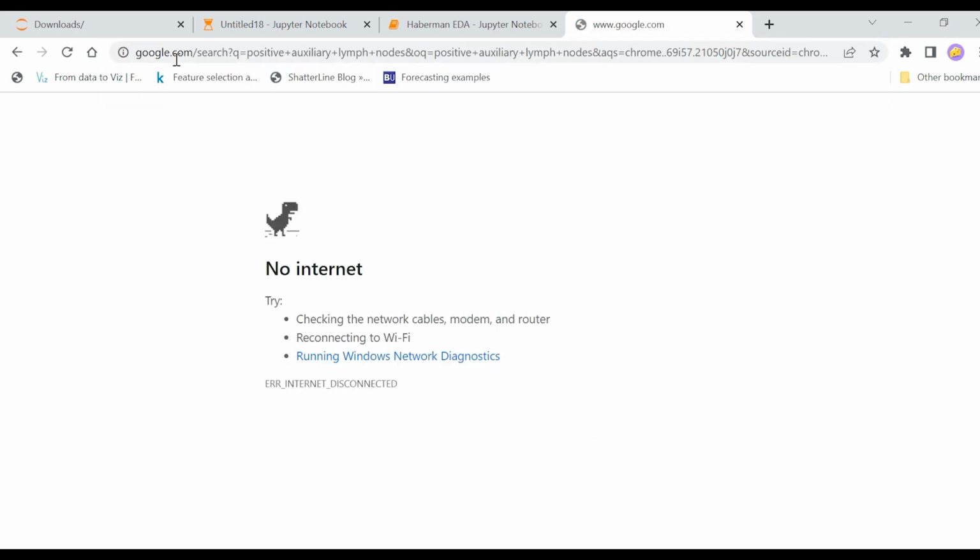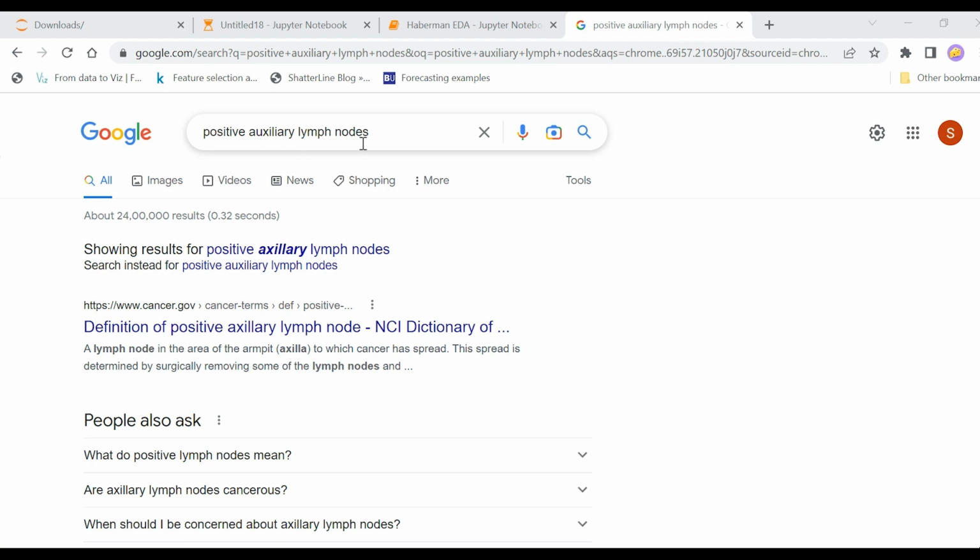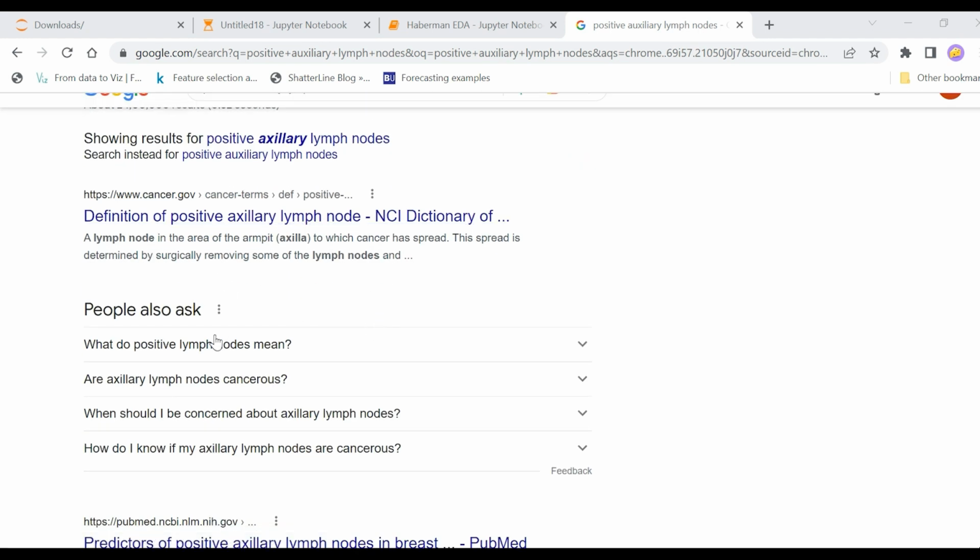I would recommend that whenever you get a data set, you search for the features. Let me check once. I searched positive axillary lymph nodes. Here you can see what positive lymph node means.